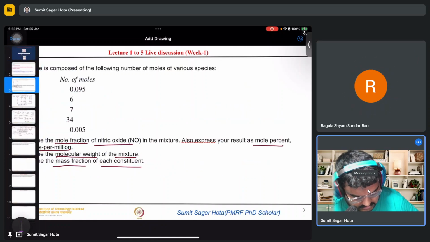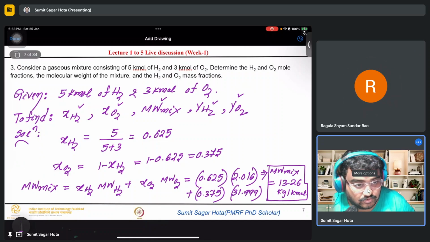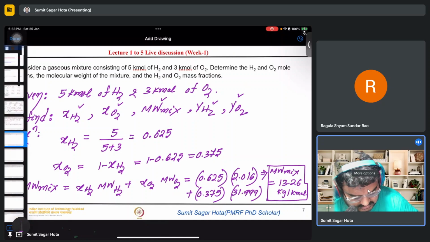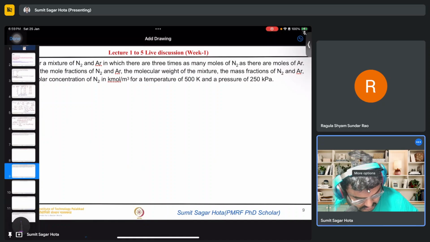I think I have completed 2 questions so far, according to the book's question numbers.